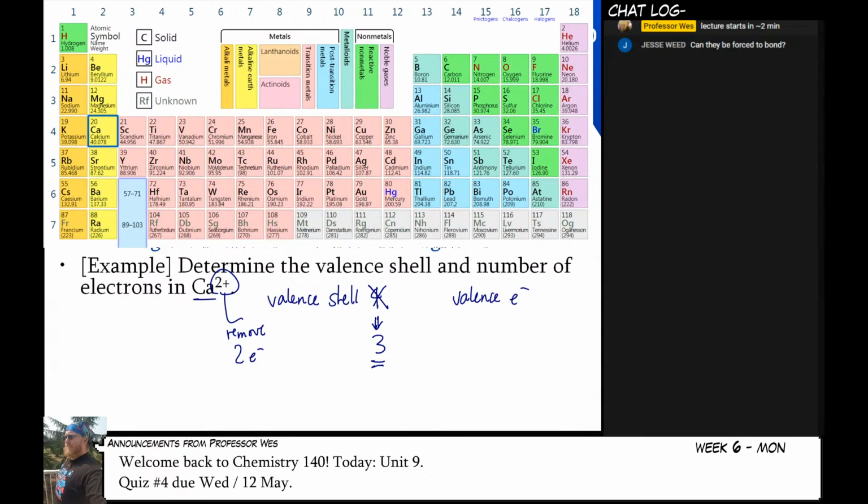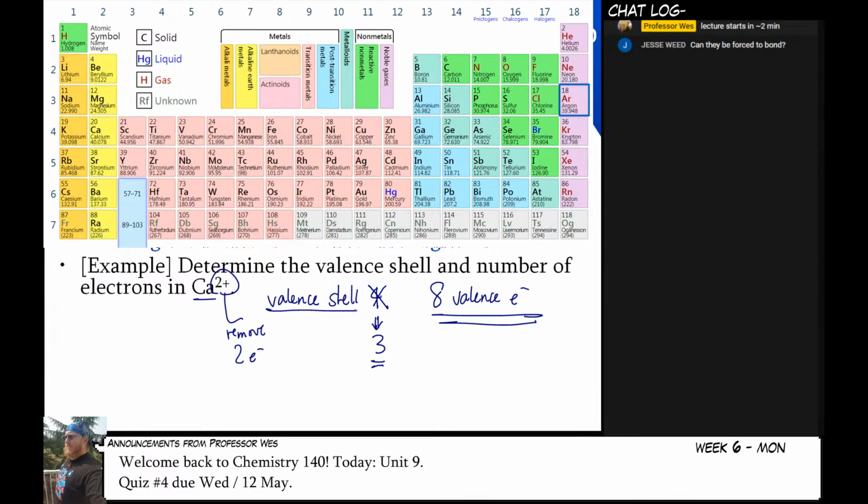Because I must have as many electrons as that, right? So I'd go, okay, here's my calcium. I go back 1, back 2. And so now I must have this many valence electrons, 8, because that's the ones digit. And so there's our answer, valence shell 3 with 8 valence electrons.